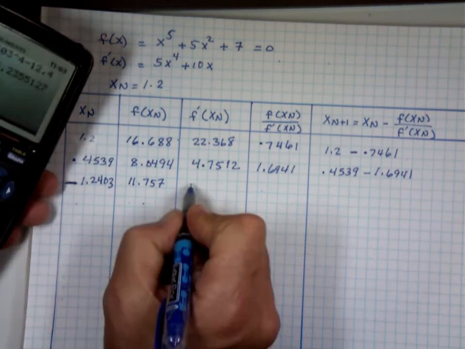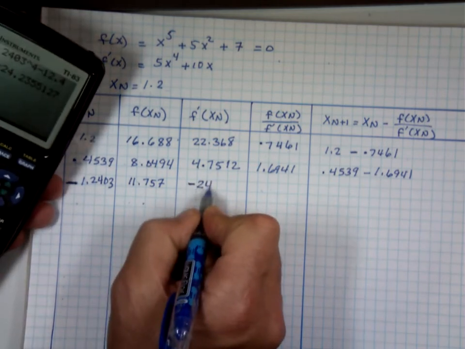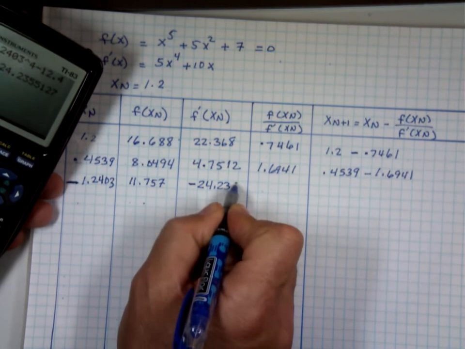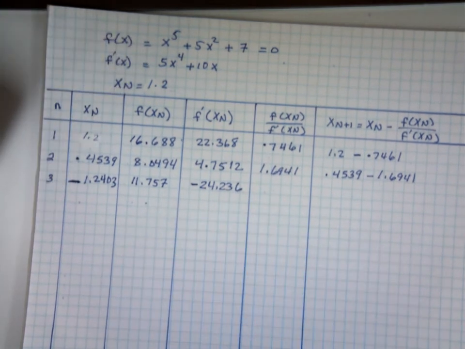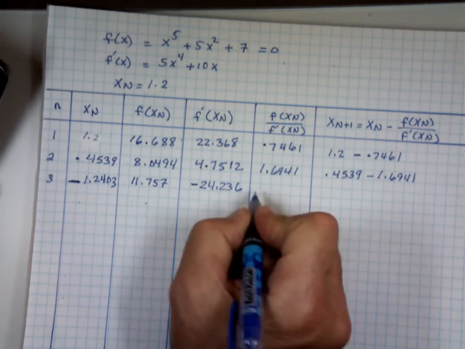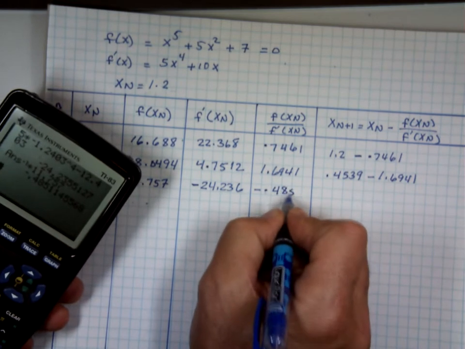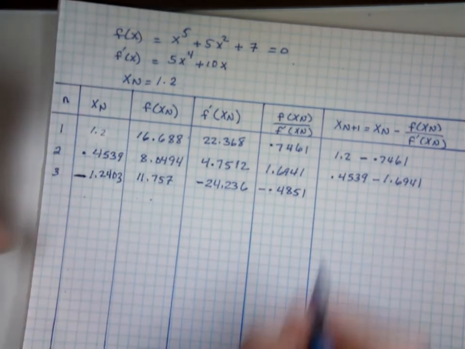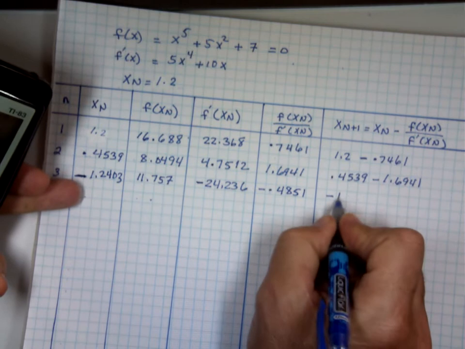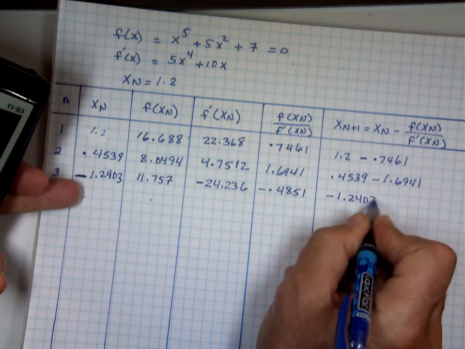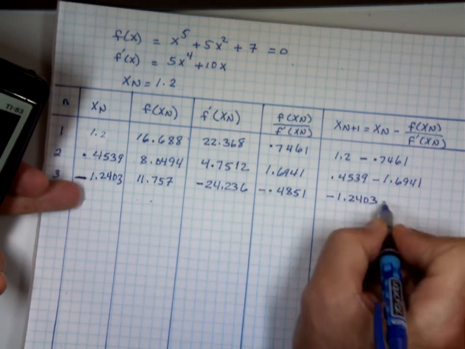Negative 24.236. Divide them. Negative 0.4851. The next value is going to be negative 1.2403 minus a minus, which will make it a plus.